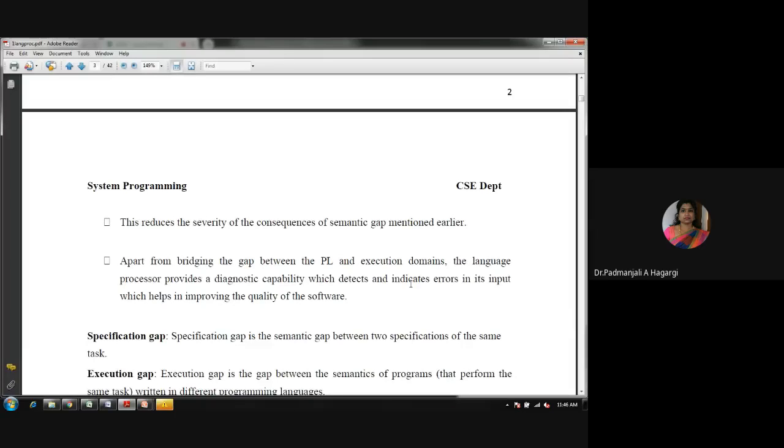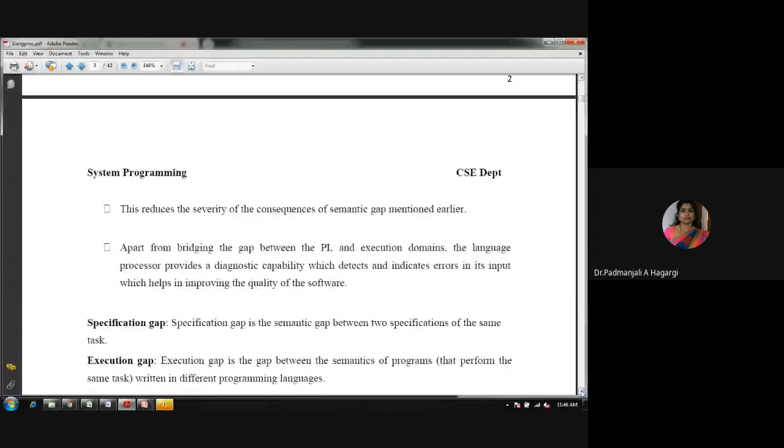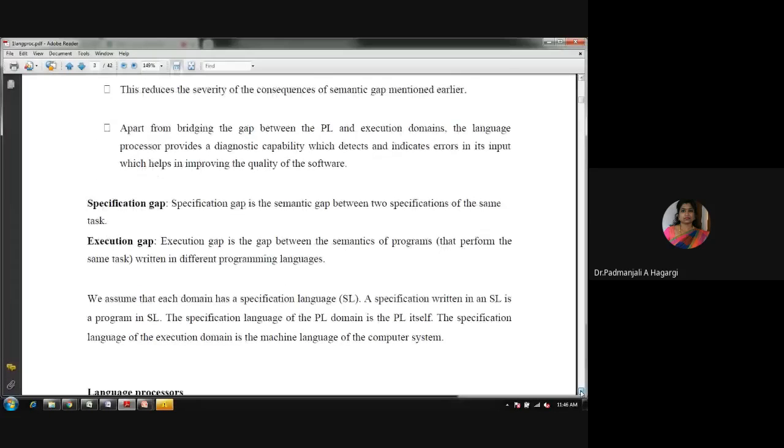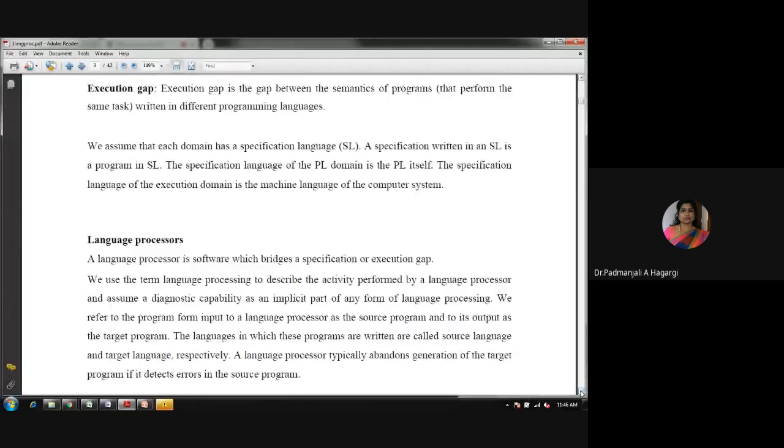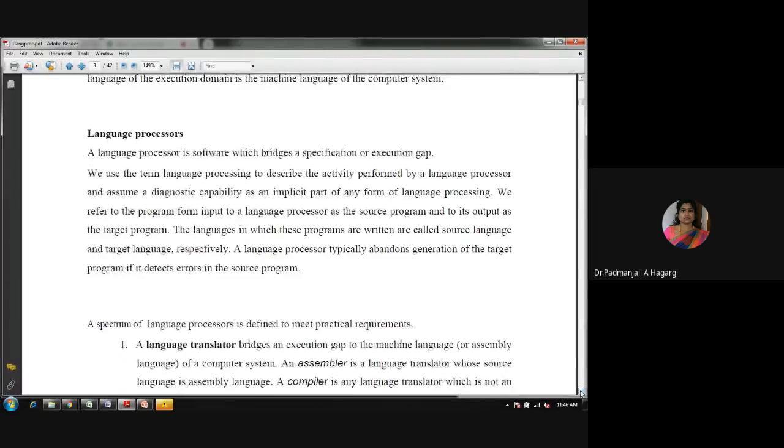The specification gap is the semantic gap between the specification and the program that performs the same task written in a different programming language. And we have the language processors.